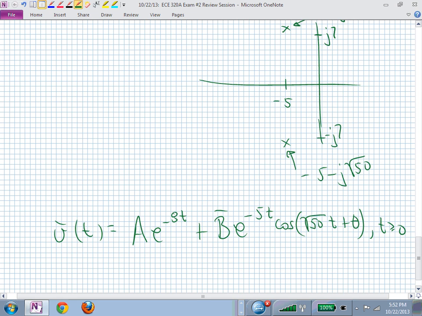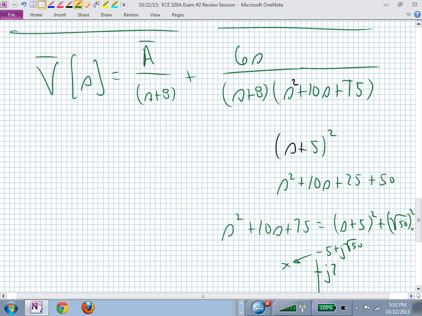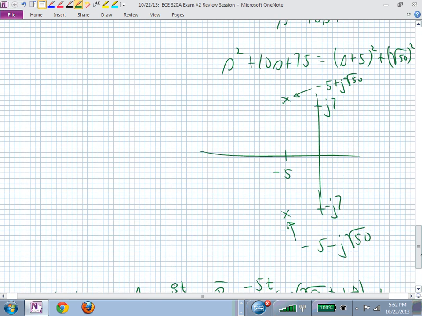If you have real poles, and we did have a real pole, we had a pole where? A real pole. In this example, we had a real pole at -8, didn't we? So if I said draw the pole-zero diagram for that capital V bar of s expression, you would have these poles.